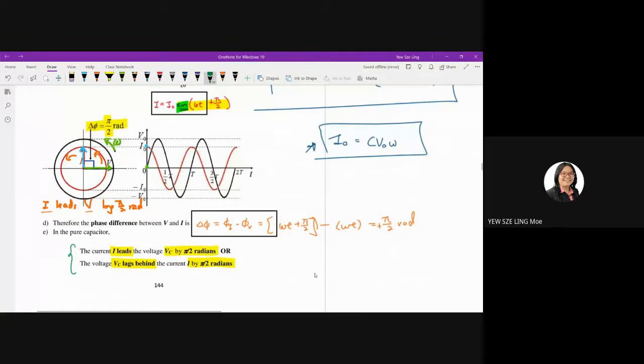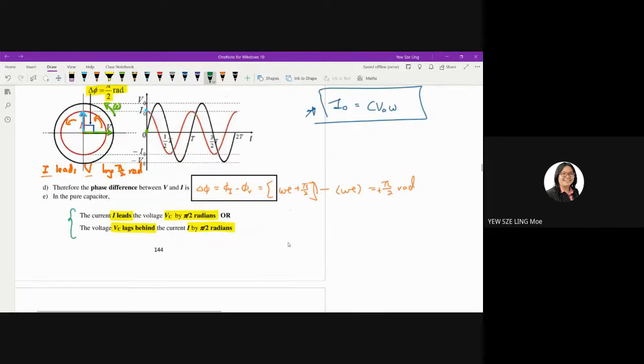So that is the phasor diagram and the phase difference for a pure capacitor circuit. In a pure capacitor, I always leads V by pi over 2 radian.